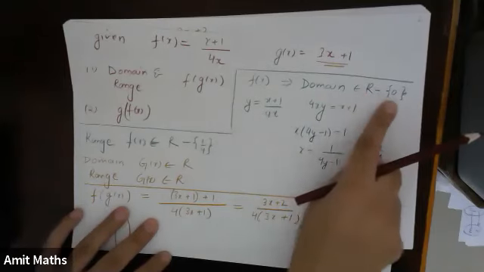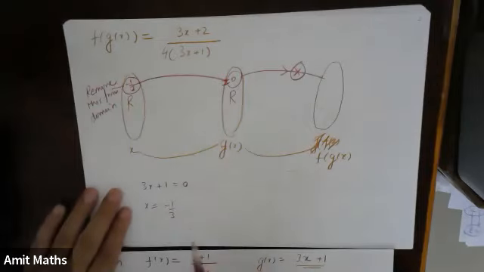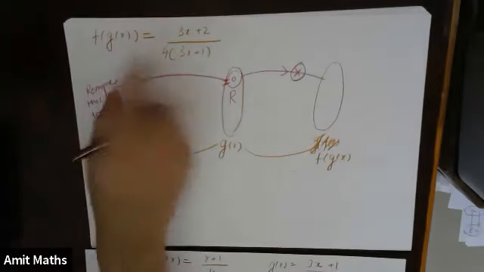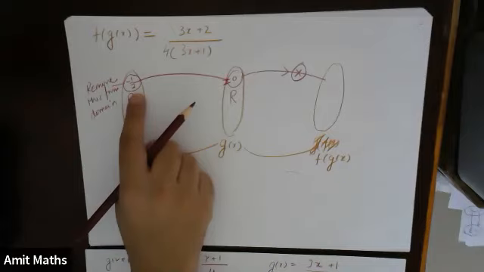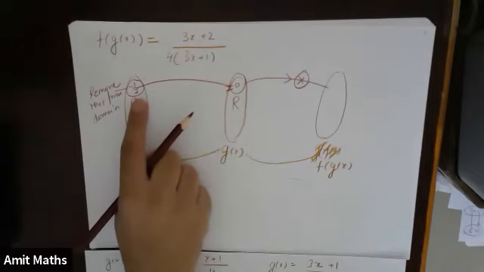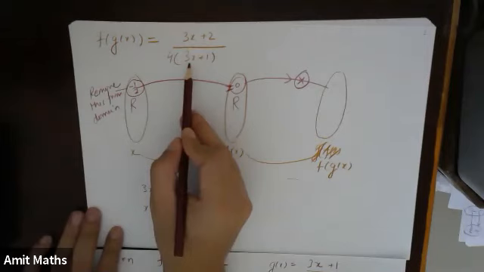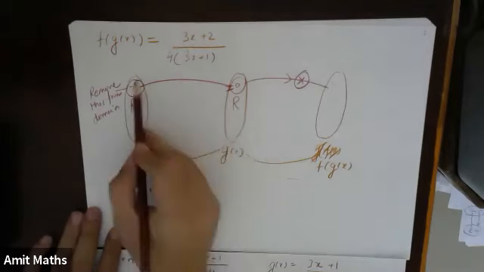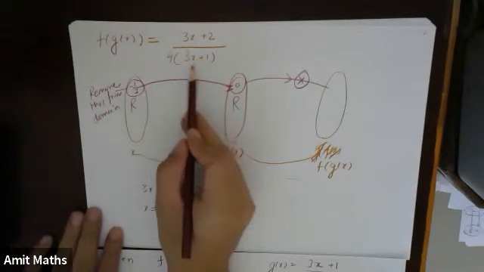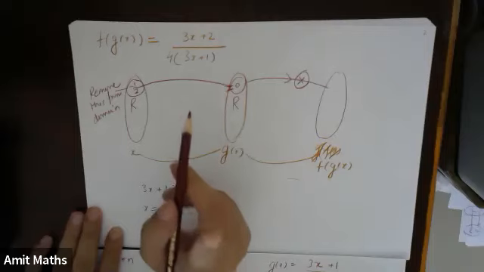So the domain of f of g of x will also not contain minus 1 by 3. See, if I substitute minus 1 by 3 here, this will become minus 1 by 3 plus 1, which is 0. This is okay for everyone.